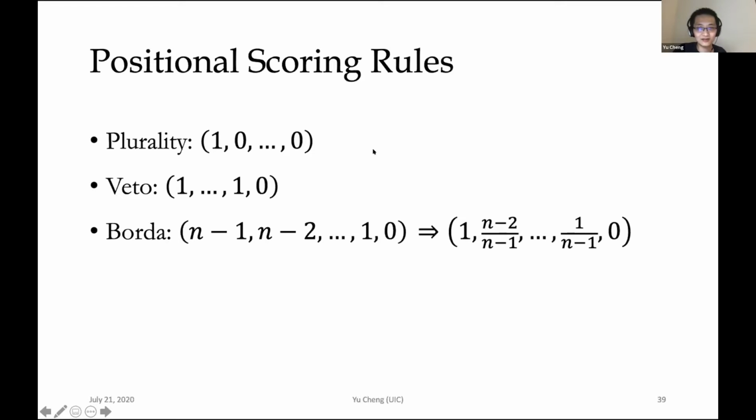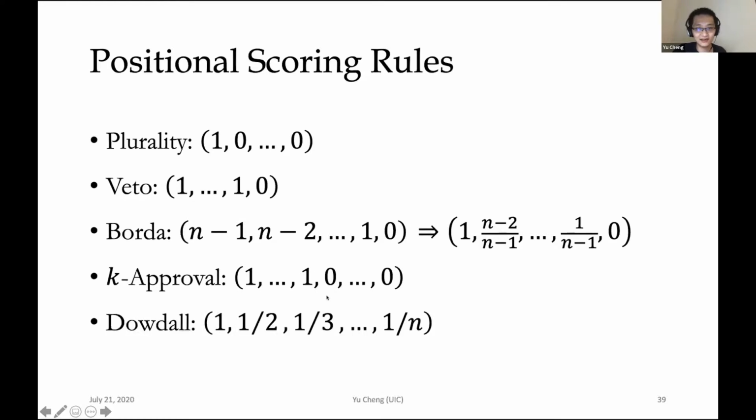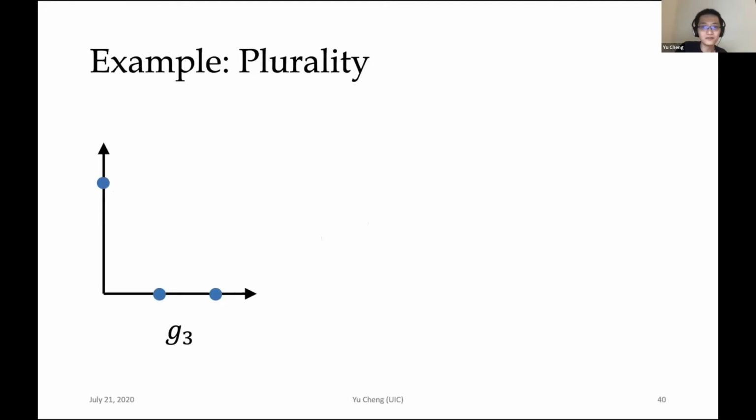In this talk, we're going to normalize everything to be between 1 and 0. So this is the scoring vector for Borda. You can have k-approval, where you approve the first k candidates. There's also a voting system called Dowdall, which is actually used in Nauru to decide their Congress, I think. So this is a rule that's actually deployed, where you vote 1 over i for the candidate who's ranked i on your list.